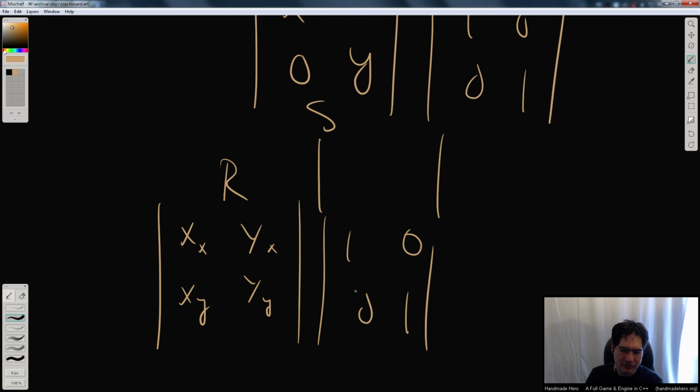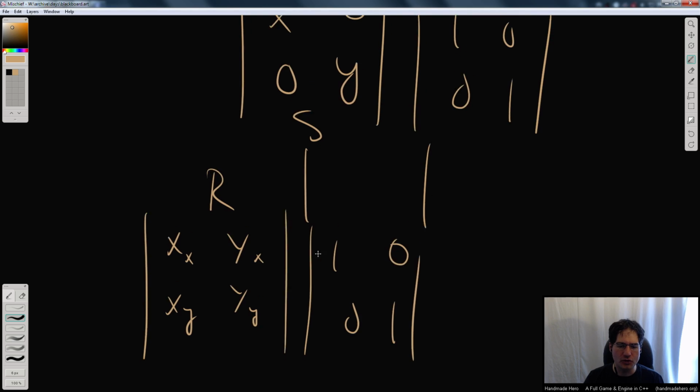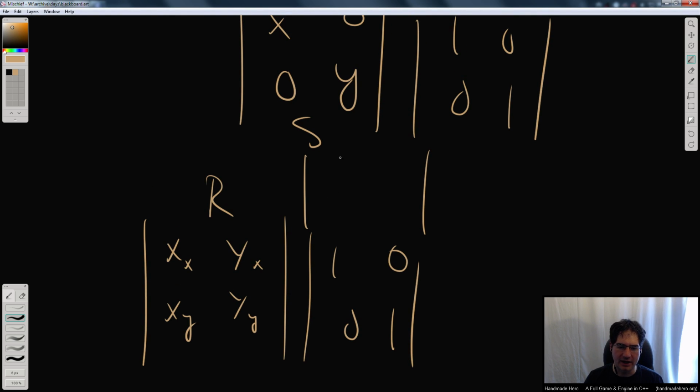And so what you can see here is that you're trying to produce a vector which is essentially the same as the vector here.